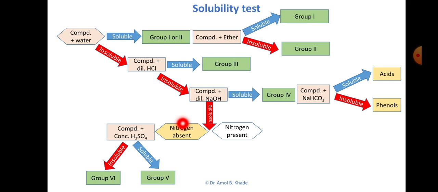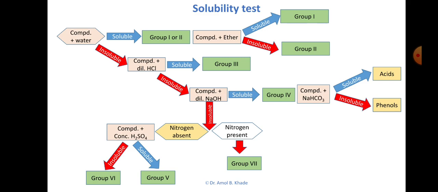So either it could be group 5 or group 6. If nitrogen is present, if your test for nitrogen is positive and your compound is insoluble in the dilute NaOH, then it will indicate group 7 is present.